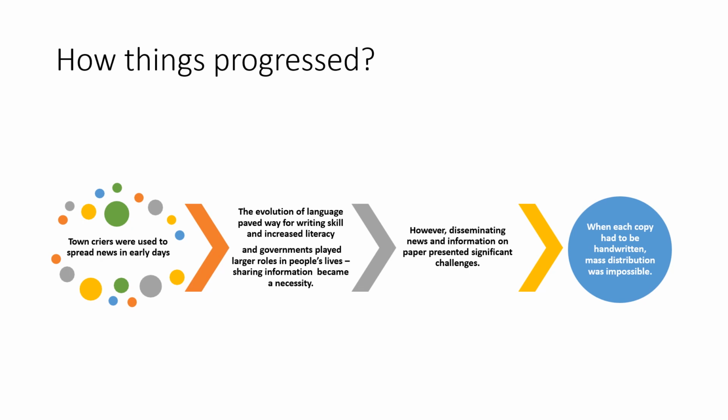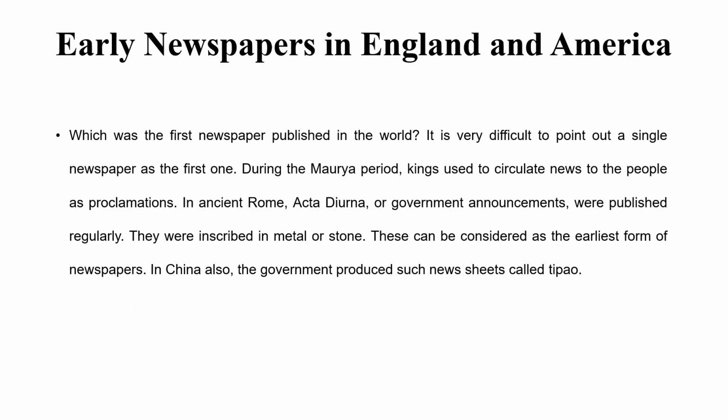Then we had Johannes Gutenberg, who invented the printing press, which was a revolution in terms of mass communication, as more and more information could now be printed, a large number of copies could be made and disseminated to the people, and it had no drawbacks as far as the legibility of the handwriting was concerned, because it was printed and not handwritten.